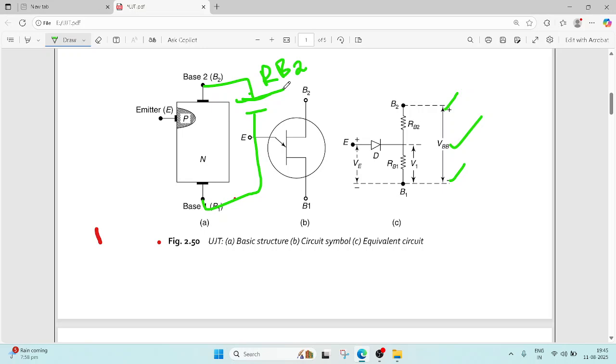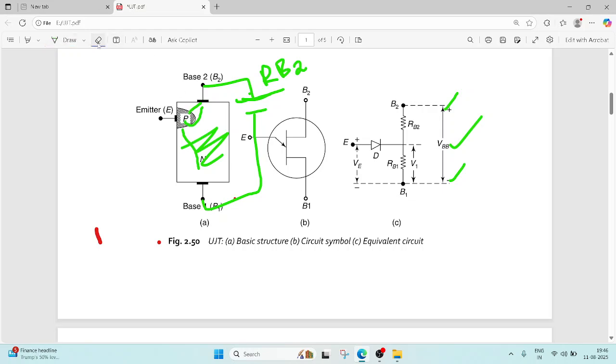Now listen, what happens initially here: the resistance is very low, no? That's why the holes move towards base 2, that is, minority carriers moving to base 2, right? Next, no holes come from the emitter to base 1 because the resistance is very high. Hence initially there is no current movement, theoretically no current.